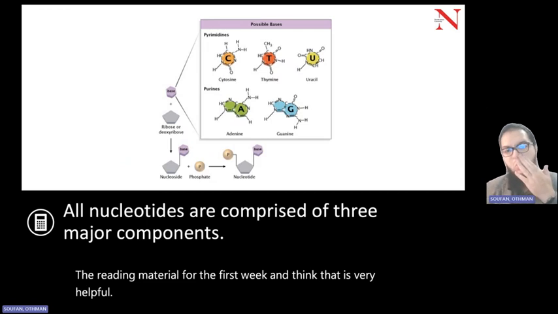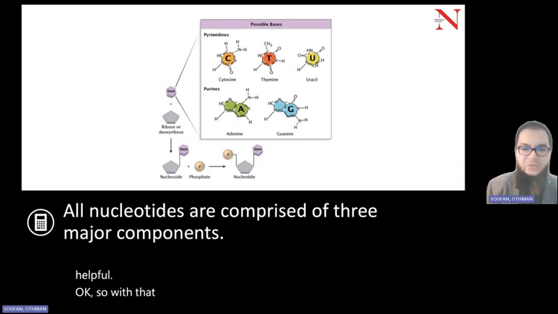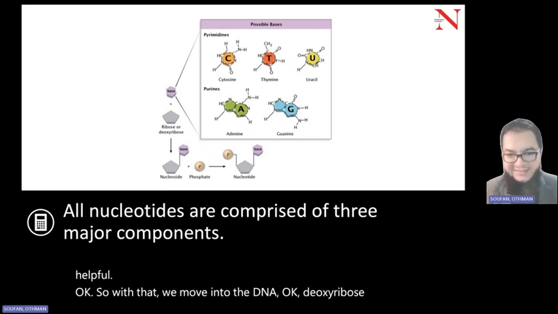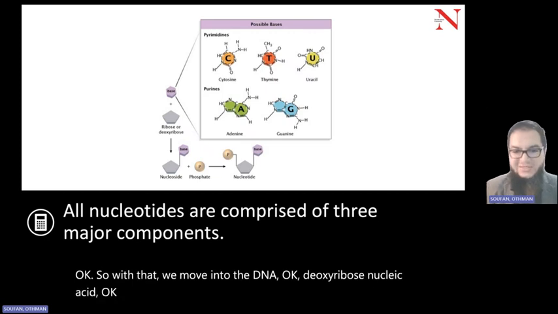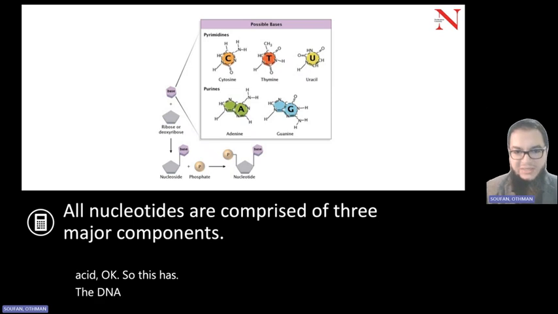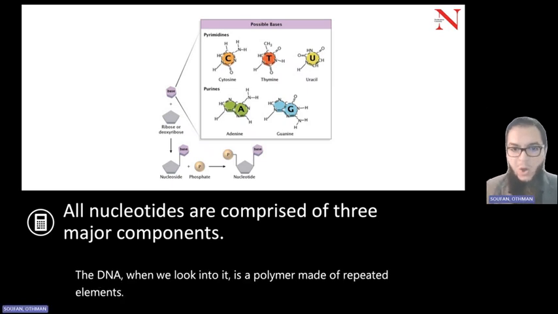Okay, so with that, we move into the DNA, okay? Deoxyribonucleic acid. The DNA, when we look into it, is a polymer made of repeated elements that we call bases.